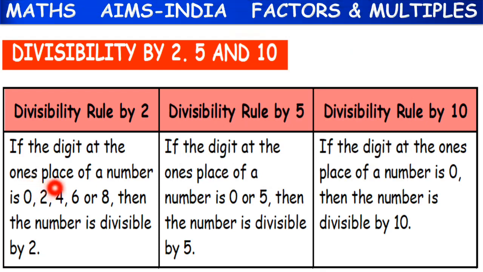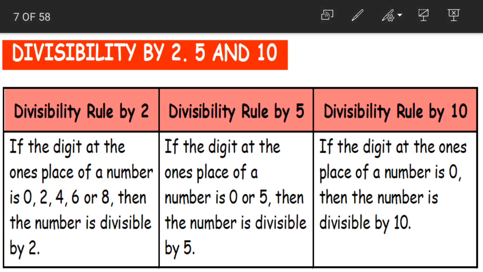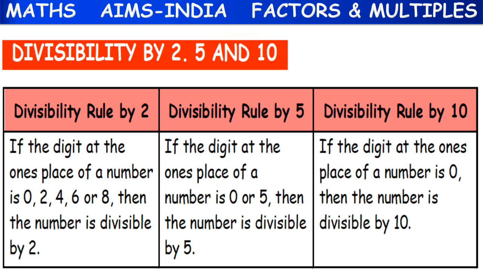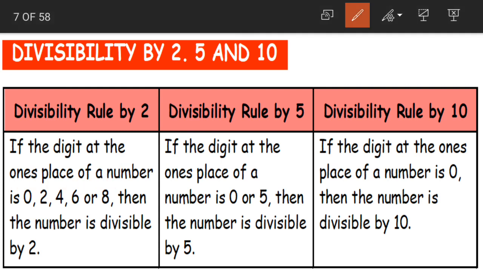Now how to remember these numbers? What numbers? 0, 2, 4, 6 or 8. Do you know what are even numbers? Yes, even numbers also have the same numbers at unit places: 0, 2, 4, 6 or 8. You can remember that way, or simply write the multiples of 2. 2 ones are 2, 2 twos are 4, 2 threes are 6, 2 fours are 8 and 2 fives are 10.